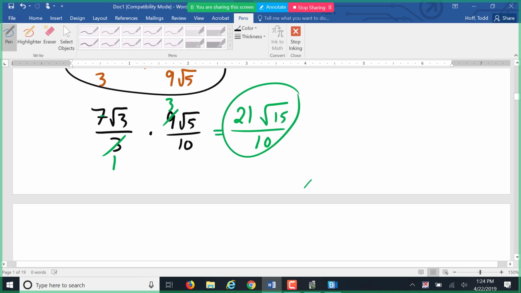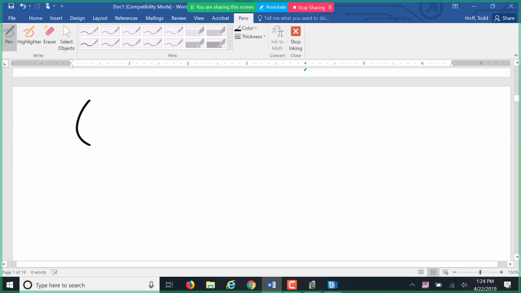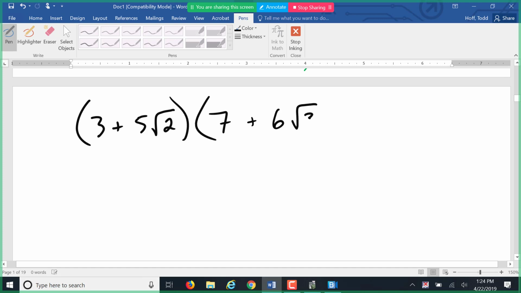Now that we've done all this, we can move on to the next step. We did things last week like this, where we multiplied those rational expressions with those radical expressions, I should say.